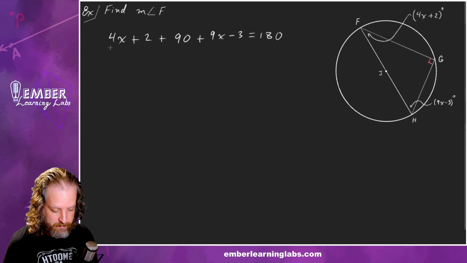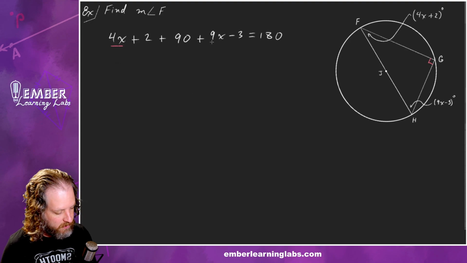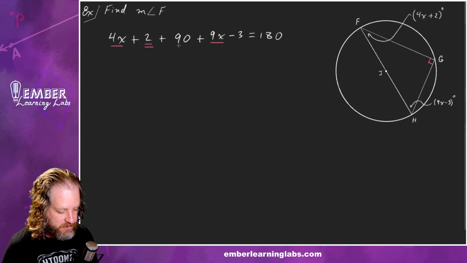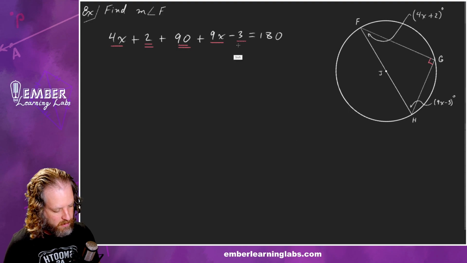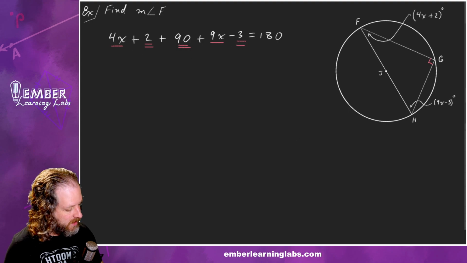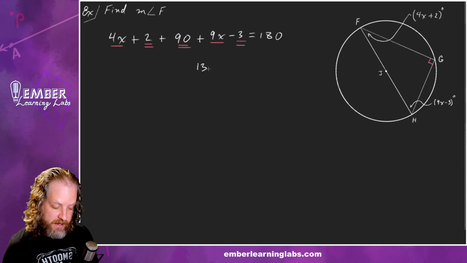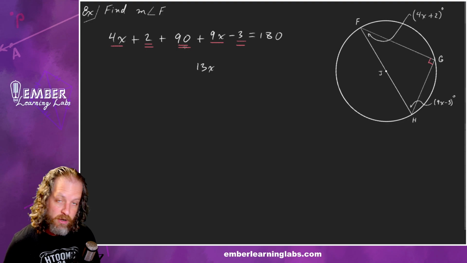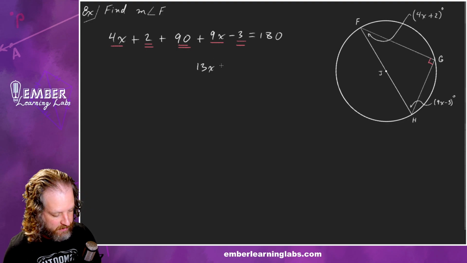Let's combine like terms. We've got the x terms that are alike, and then we've got the no x terms that are alike, right? So 4x plus 9x is 13x. 2 plus 90 minus 3 would be negative 1 plus 90, which would be 89. So plus 89 equals 180.